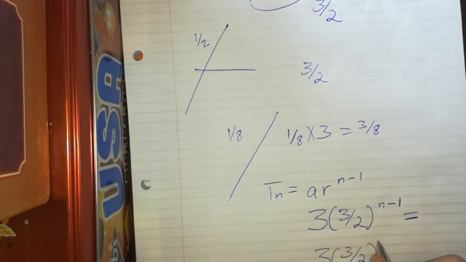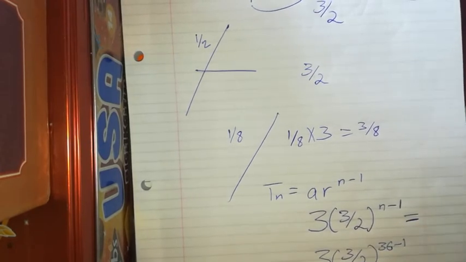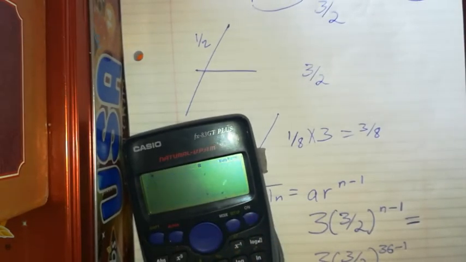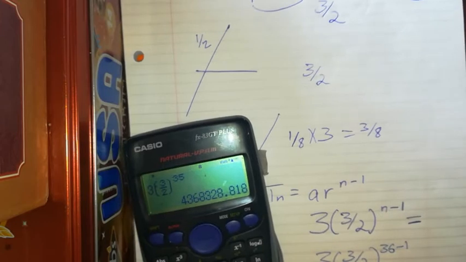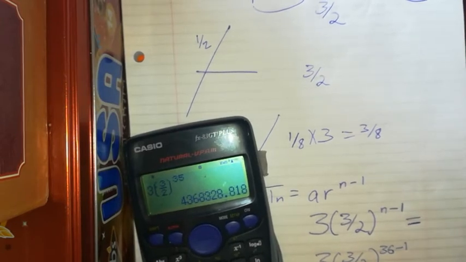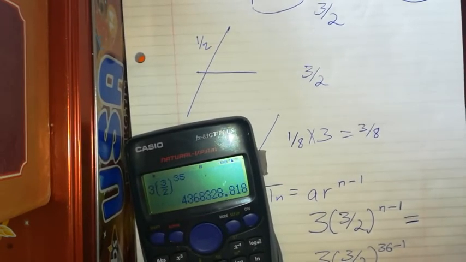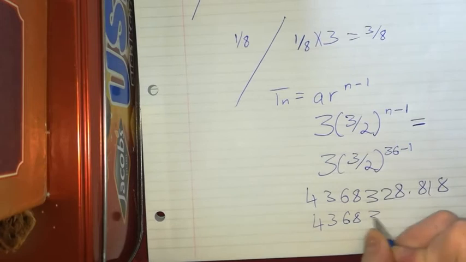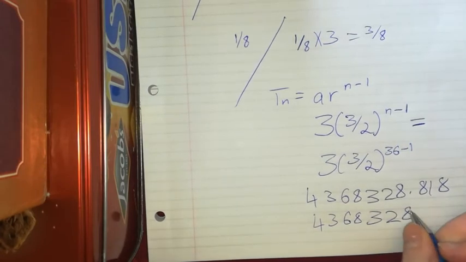So 36 take 1, so 3 times 3/2 to the power of 35, and then I get 4368328.818, and they say correct to the nearest unit, so 4368329.